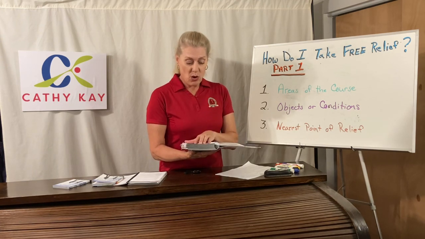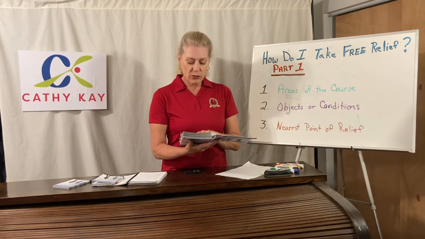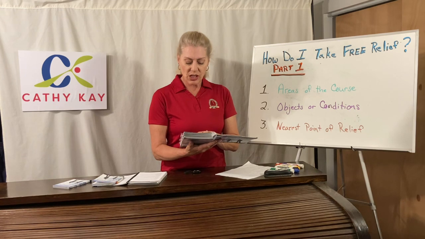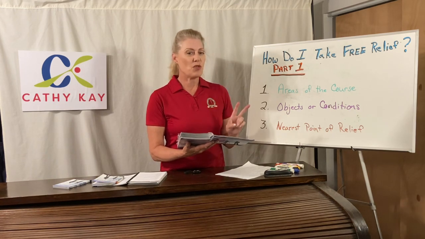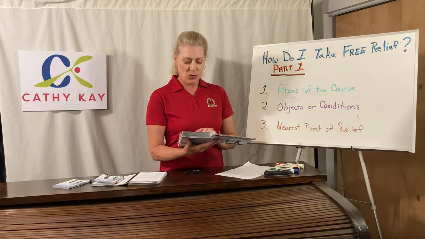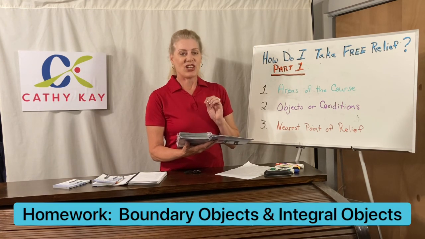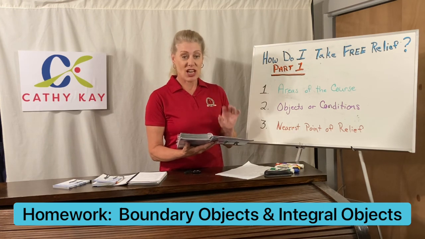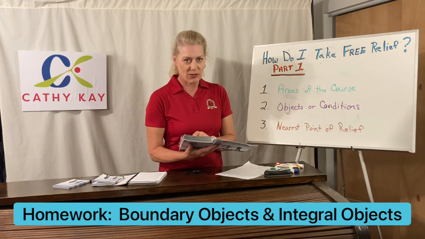And just to finish out what 2.3 says, there is no free relief from boundary objects or integral objects that interfere with play. So there's 2 more definitions that you can do as homework, boundary objects and integral objects, because they're stationary just as what we're looking at today, but you would not be granted free relief from those.